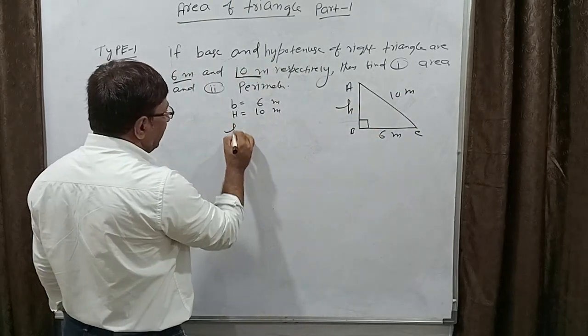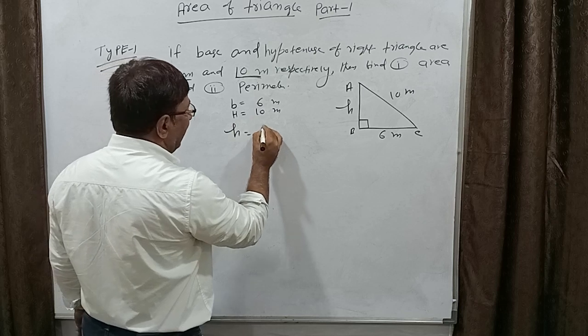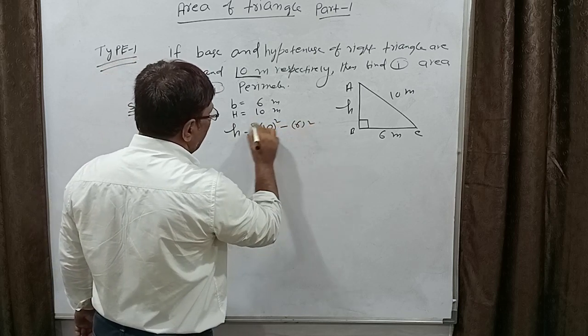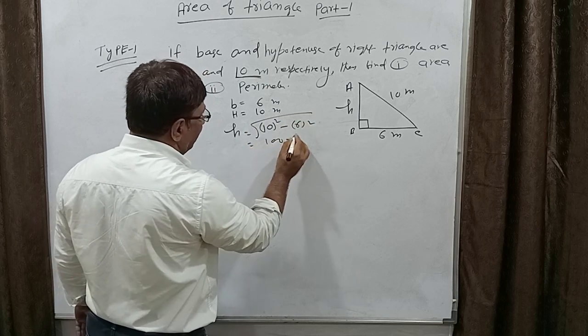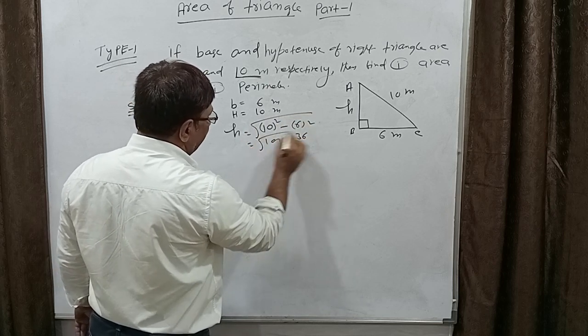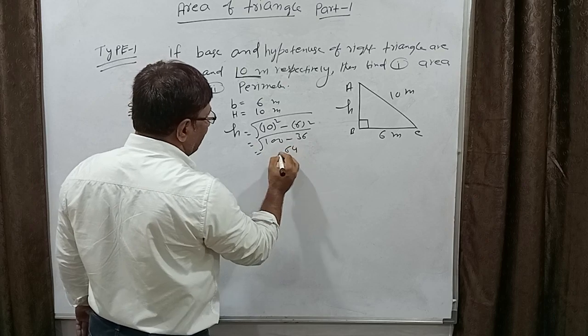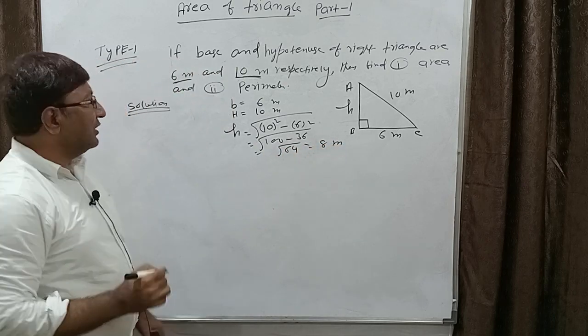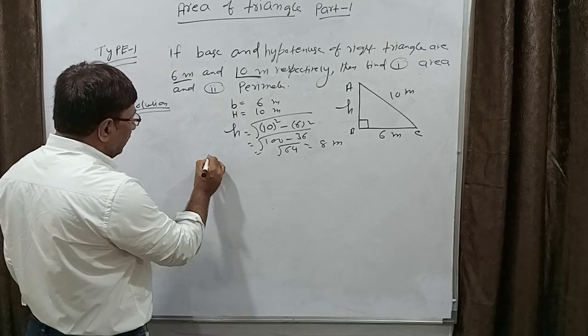So we will first find h. h is the square root of 10 squared minus 6 squared, so it is 100 minus 36. We will get 64, and the square root of 64 is 8. So h is 8 meter.